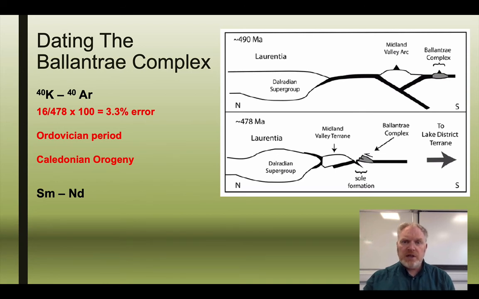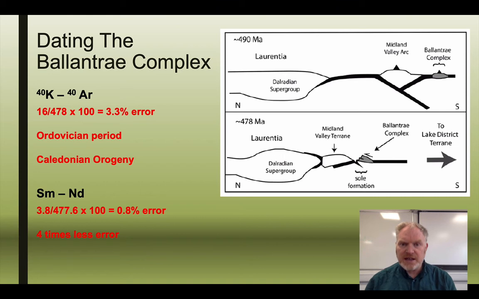Now for samarium neodymium, we've got a 3.8 million year window for our date, which gives us an error of 0.8%. Now, if we think about the significance of that, that means it's 4 times more accurate.